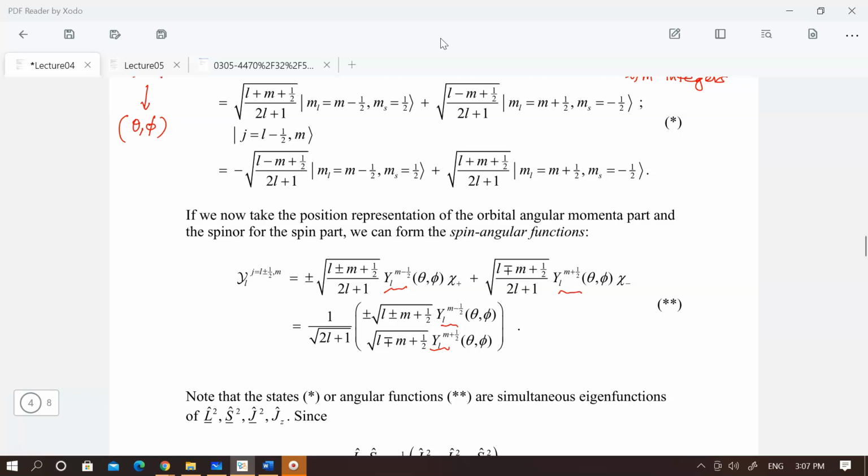Remember that the spin part of the Hilbert space is given by chi plus and chi minus, usually written in terms of these states. So you get this representation in terms of spinor wave functions, but you need to define what this is. Now, let me just write down what your spherical harmonics is without telling you what it is.